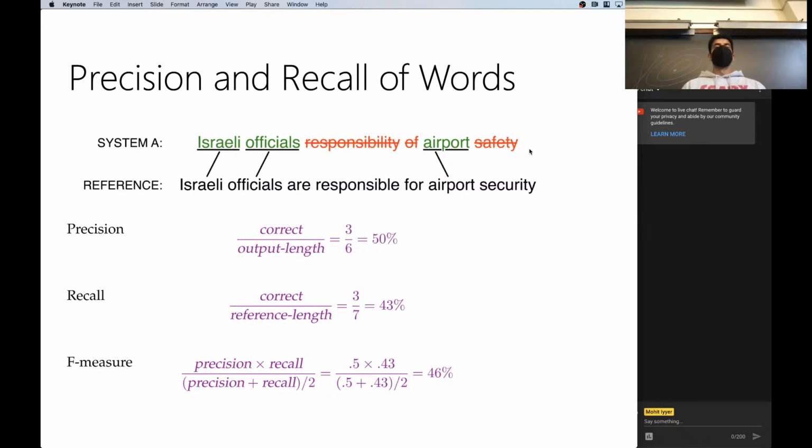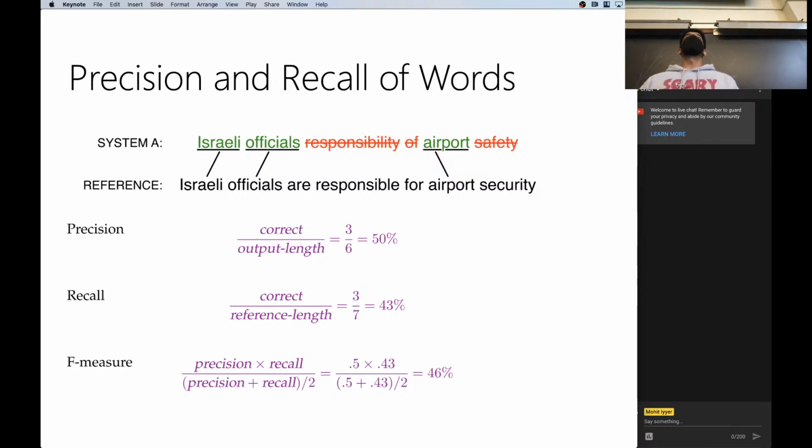Of course this is not very fluent, but it has some words that also occur in the reference, "Israeli officials are responsible for airport security." The precision computes what percentage of the words generated by the system appeared in the reference translation. Here I have 6 words in my system output, and 3 of them, these green ones, appeared in the reference. So my precision is 50%.